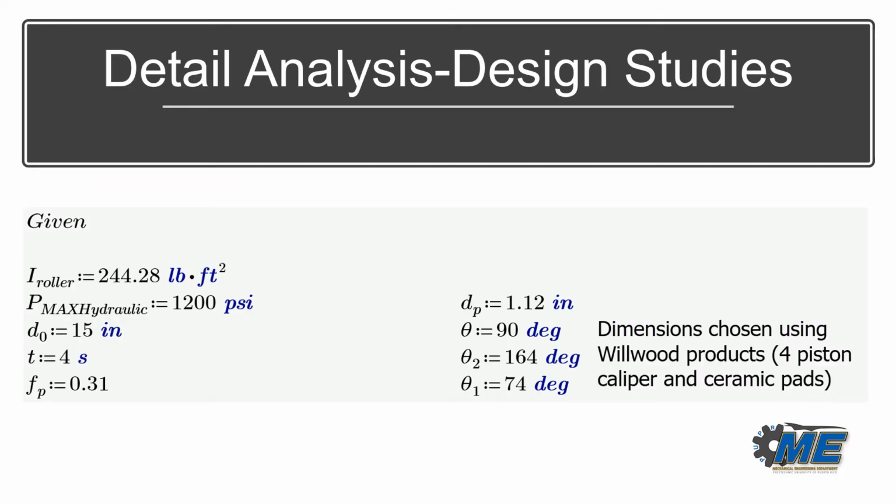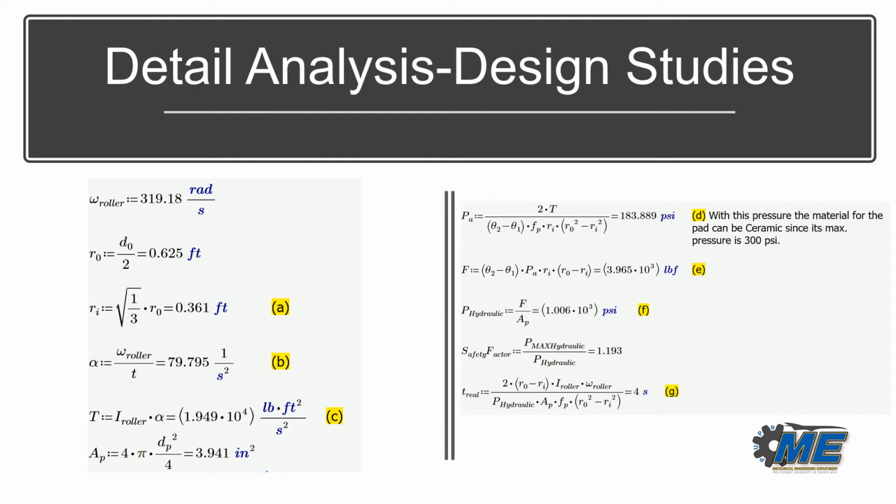this is the analysis made using our interface to make the calculations from A to E, as previously mentioned. Here we have the given parameters and the dimensions when using a Wilwood caliper, which has 4 pistons, and the ceramic pad.